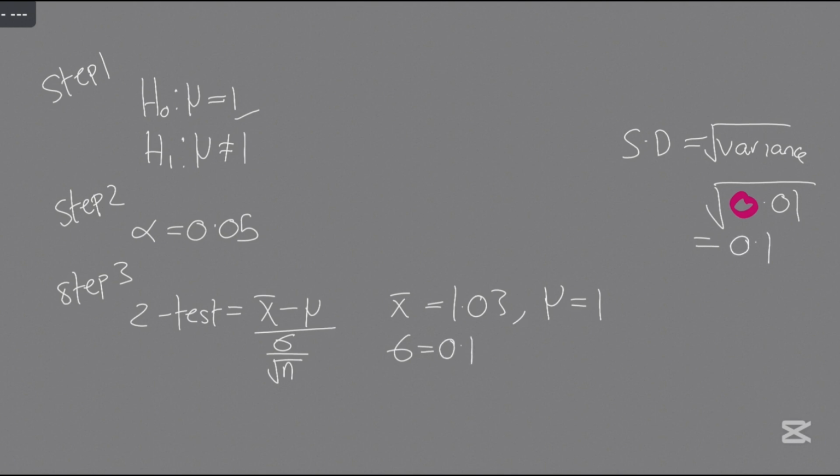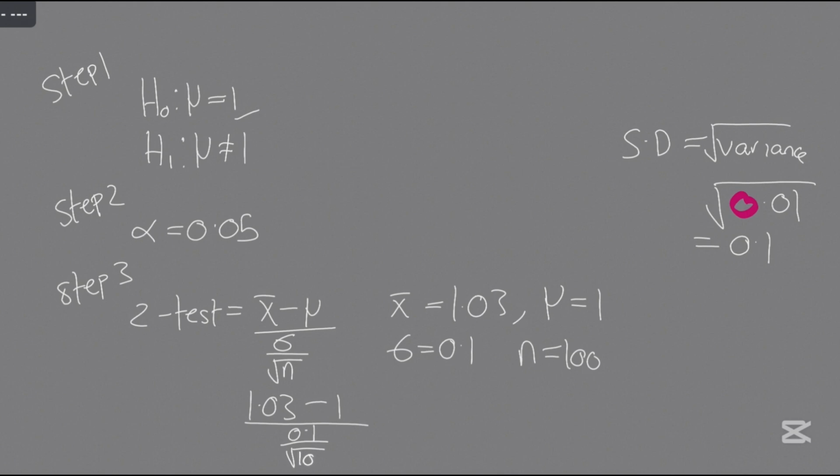And our n is given as 100. Now you input this into the formula: your sample mean, which is 1.03, minus your population mean, which is 1, divided by your standard deviation, which is 0.1, divided by the square root of your n, which is 100.